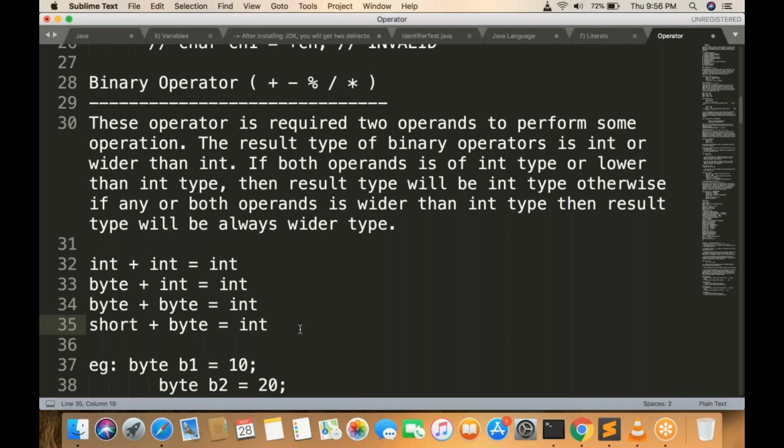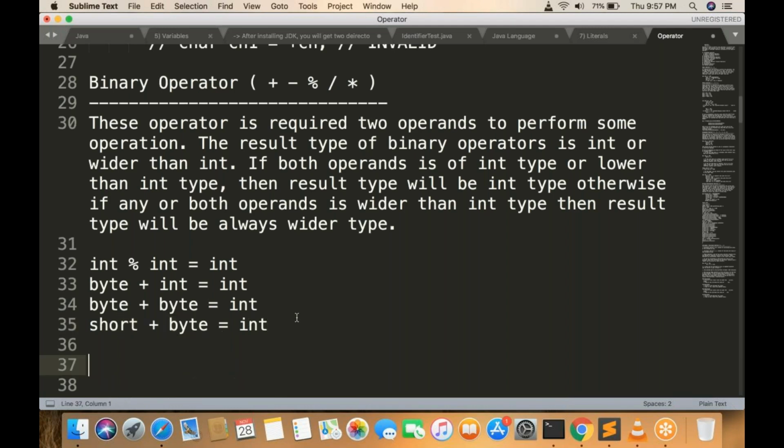So whenever you are using plus, minus, divide, asterisk for multiplication, or mod, the result type would always be int if the operands are in the range up to int, whether int, byte, or short. If both operand types are int or lesser than int, then the result type is always int.